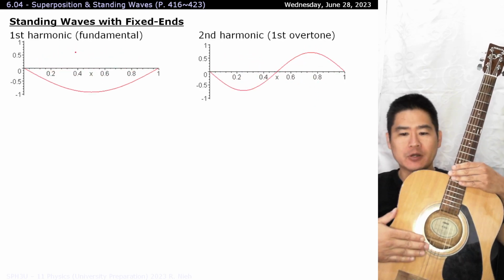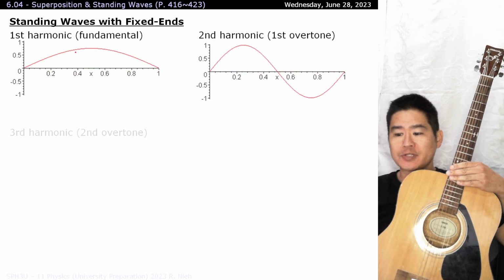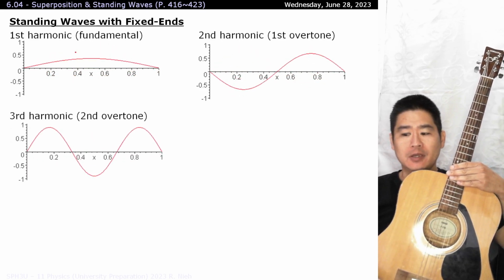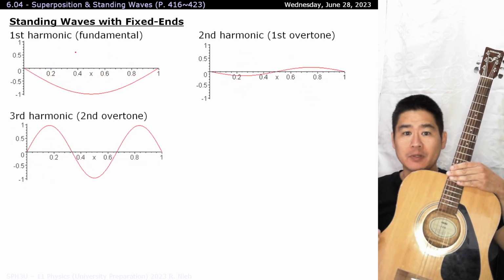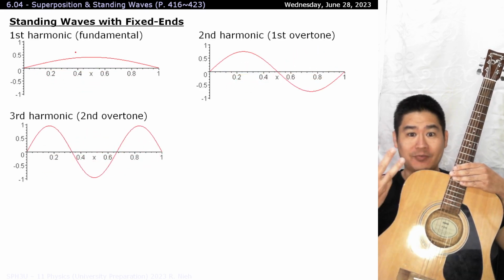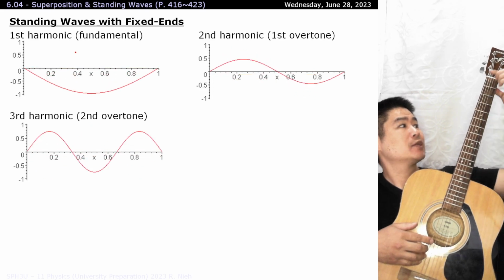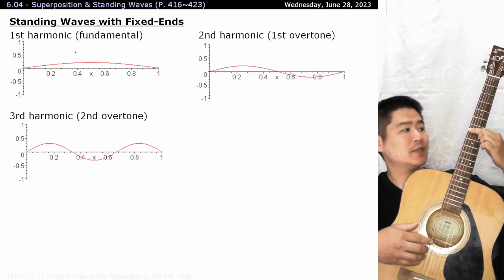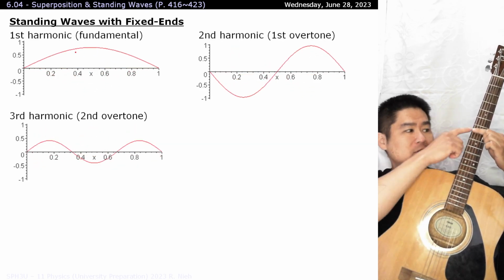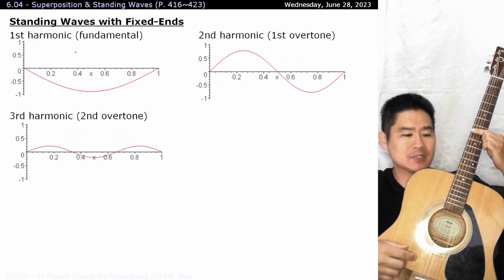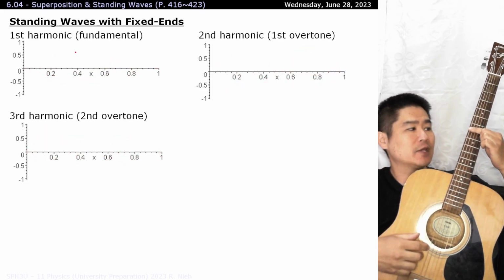You can also take the same guitar string and break it up into thirds, like in the next animation. And the only way for this to resonate properly is for it to resonate 3 times as fast. All right, so I'll take the string and break it up into a third, and you'll find that the perfect node will actually exist on the 7th fret. So this is a third of the full length of the string.